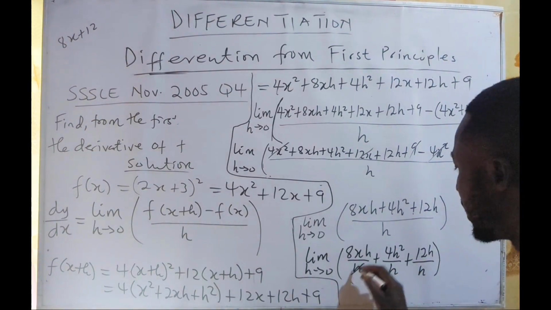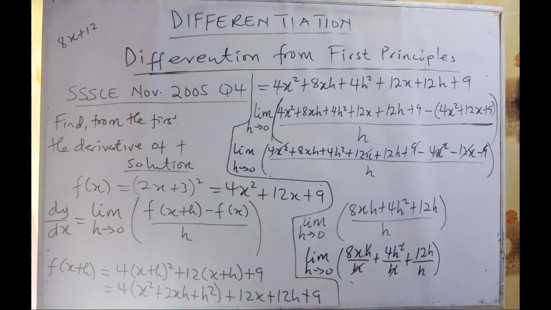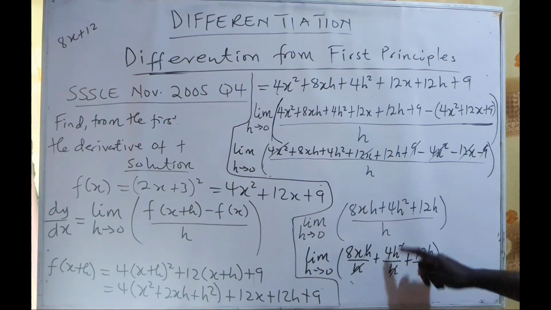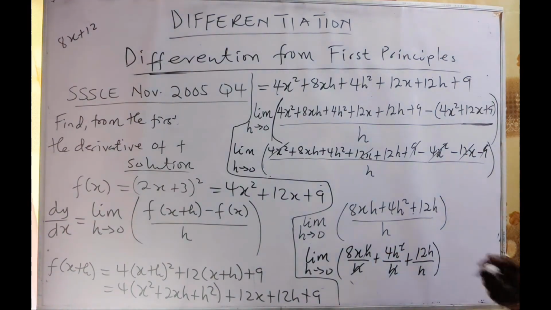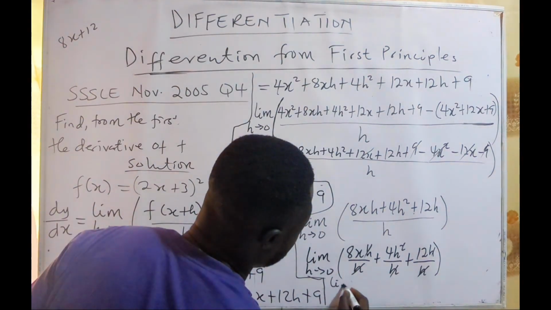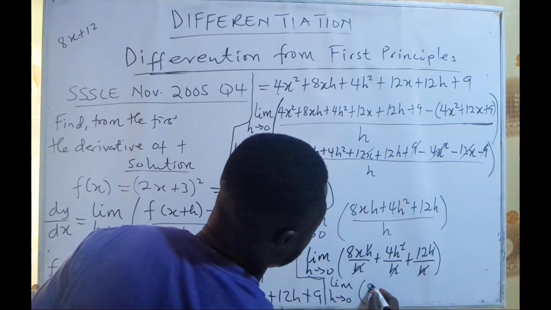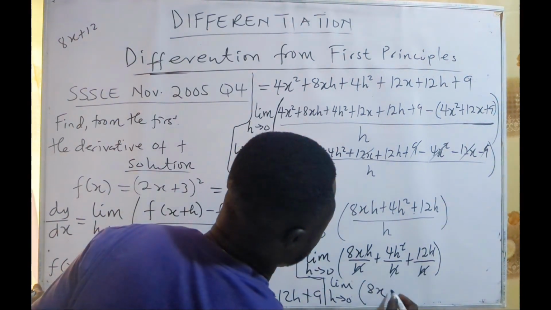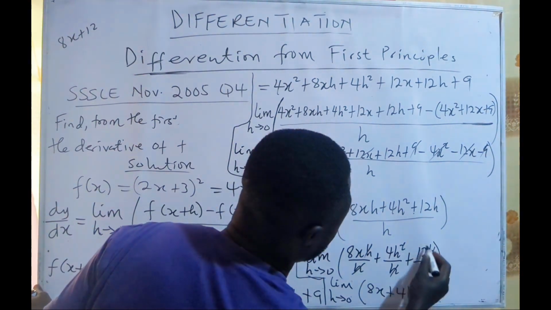Okay, so h can cancel h here. h squared over h, okay, it will take 1h from there. Indices, so 2 minus 1 will give me 1, so it will become 4h, and then this h will take off this h. Our limit as h is approaching 0, 8s, okay, plus 4h plus 12.